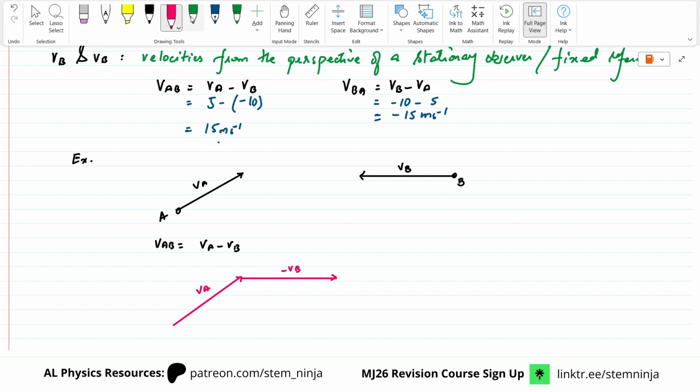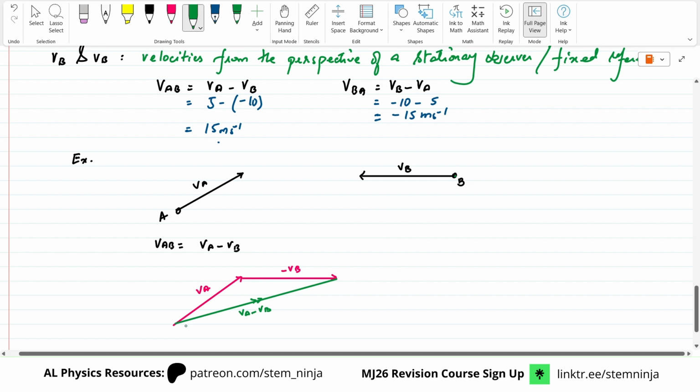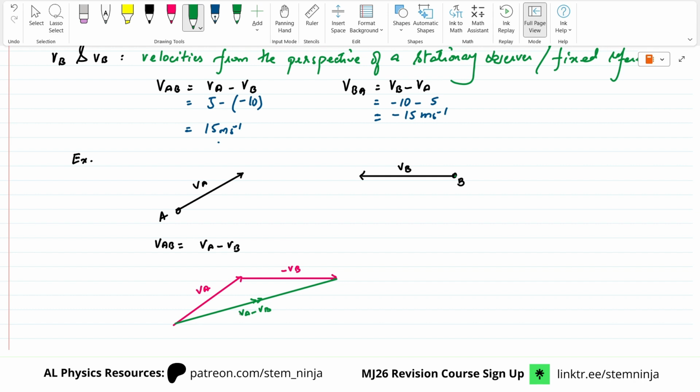So the sum would appear to be this. So this is your VA minus VB. This means that from the perspective of B, A is coming at B this way.